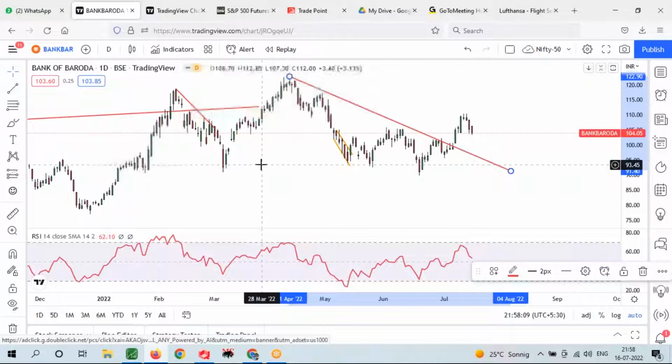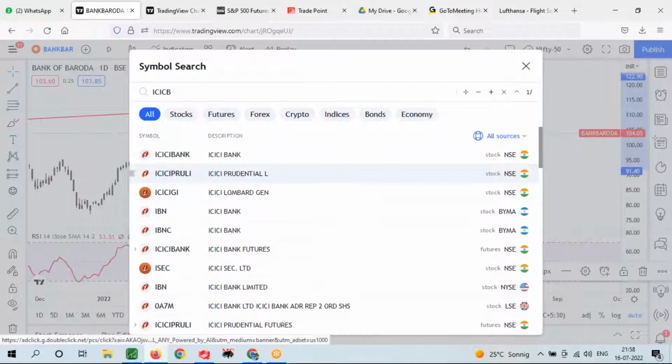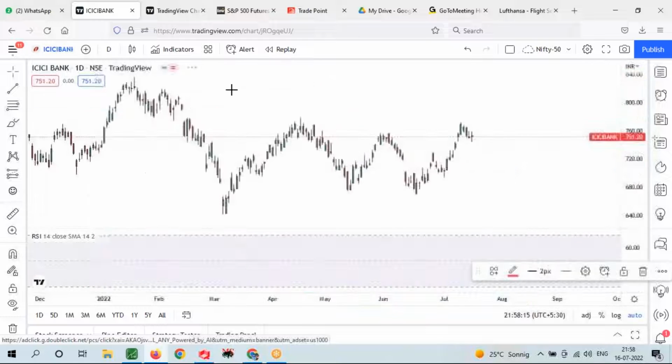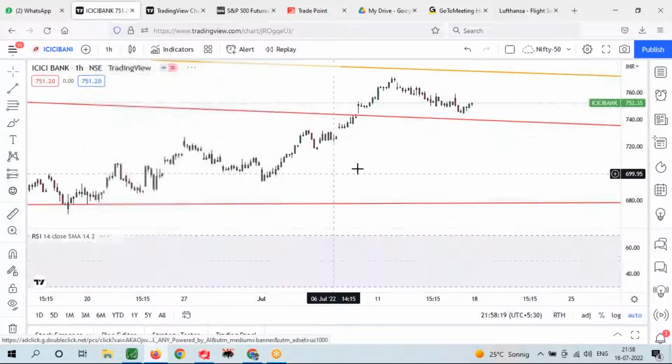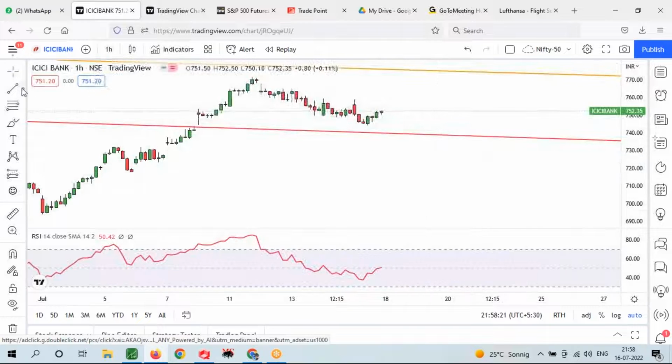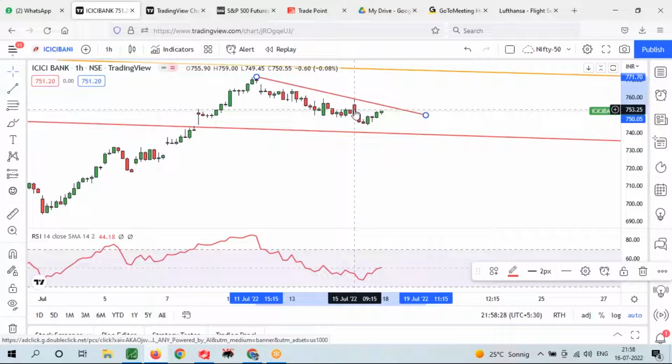All right, and ICICI, you can look at the hourly chart also, to get a much better view about the stock. Look here, if this high is crossed, that is Friday high, 759, let's say 760, then there will be more momentum.